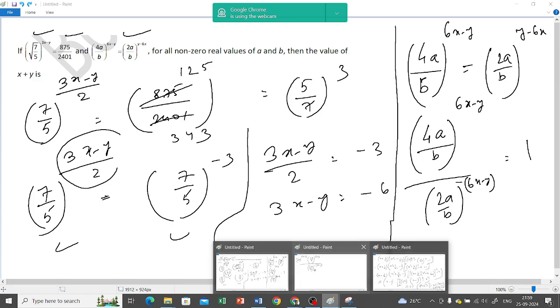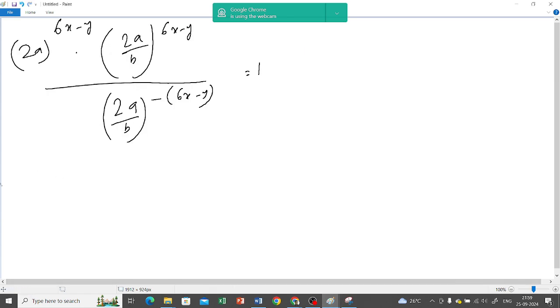Okay, that is equal to 1, or 2a to the power 6x minus y is equal to, so what can we do about this? 2a by b to the power 6x minus y.